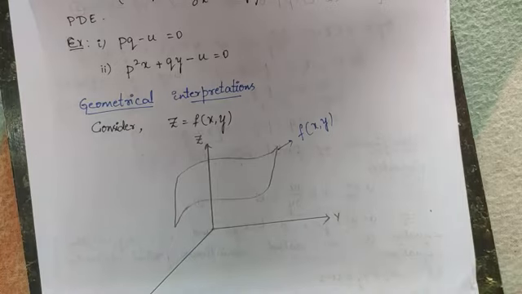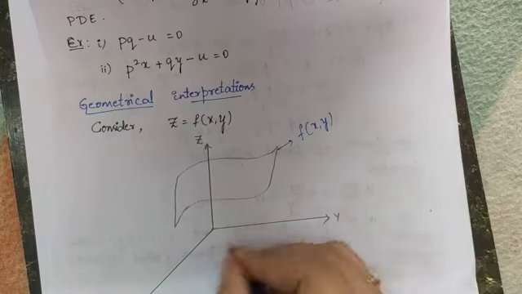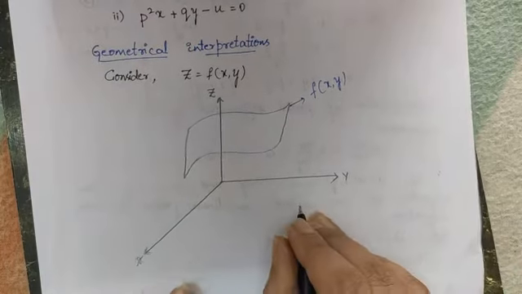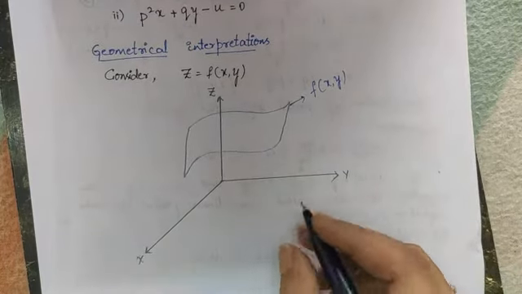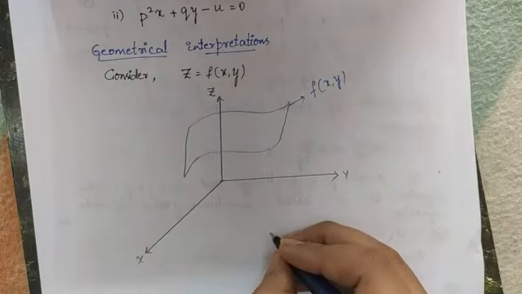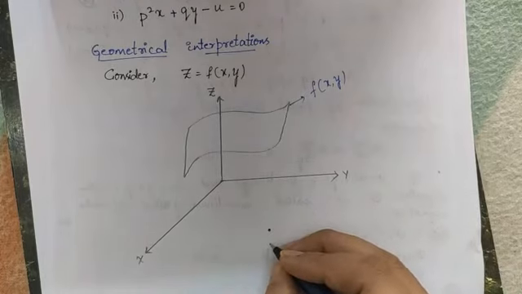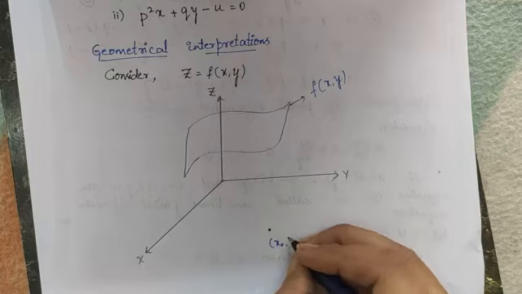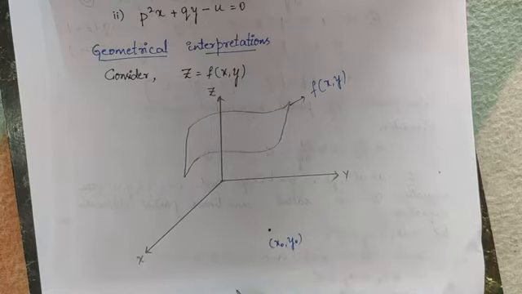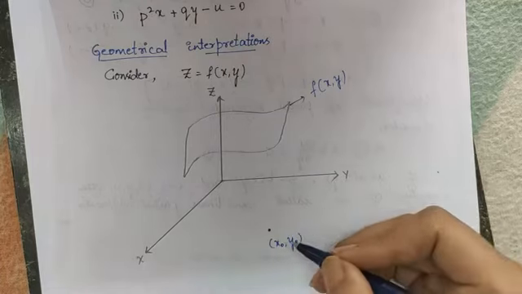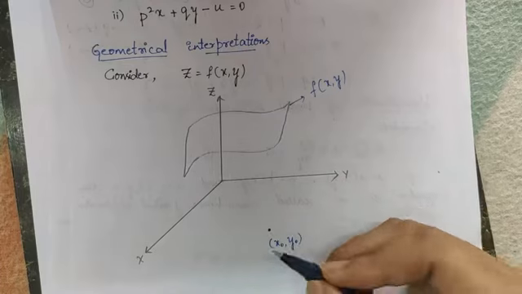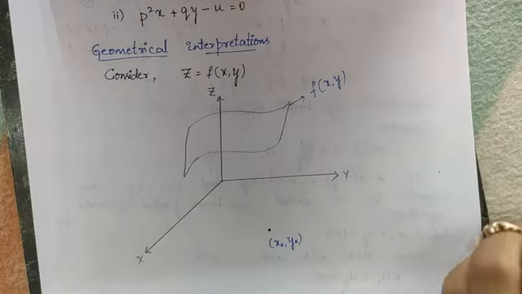So now I will denote that point in my xy coordinate. So this is xy. I will consider one point, this is x0 comma y0. So we are considering a point in a domain. Let's see where this point reflects on my function.